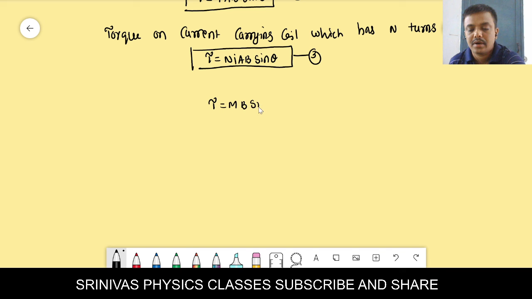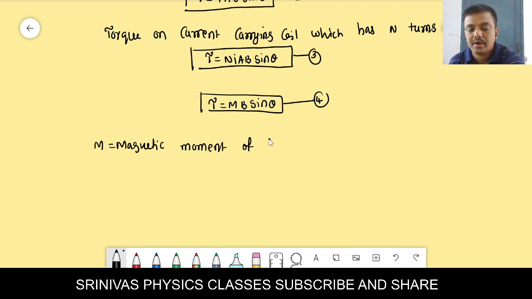This is equation 4, where M is the magnetic moment of the coil.